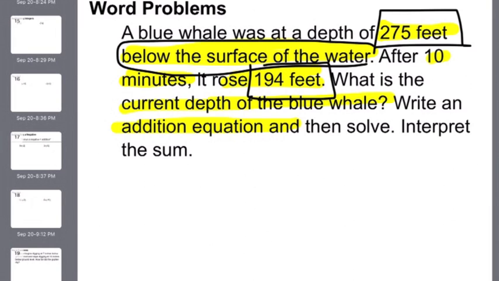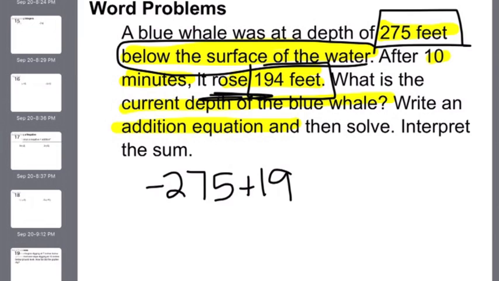So if it was at 275 feet below the surface of the water, an integer to represent that would be negative 275. And then it rose, so it went up 194 feet. So there's my addition equation. The absolute value of negative 275 is bigger than the absolute value of 194, so our answer is going to be negative.